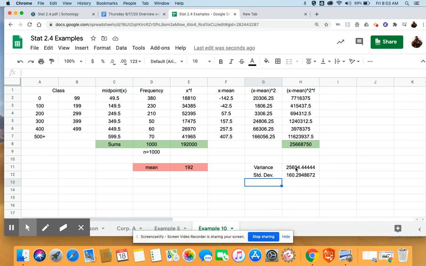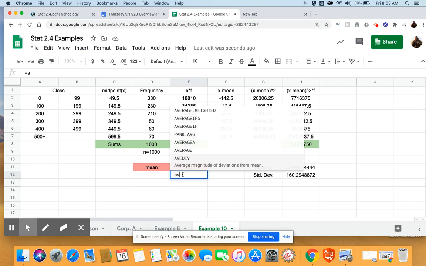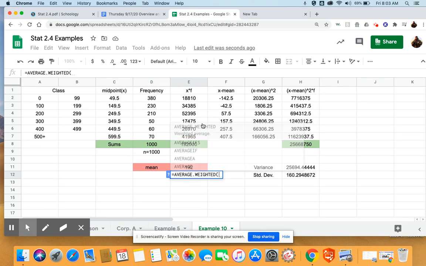We've got 160.3. We know that we could have back here done equals average, weighted average. We could have highlighted these numbers, comma, and these numbers. So we get the same answer. We do.